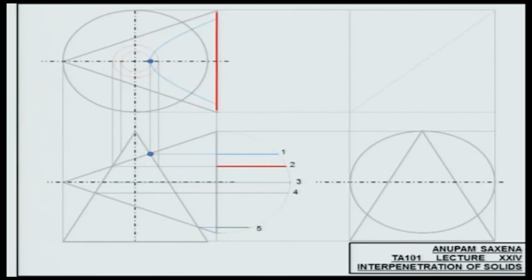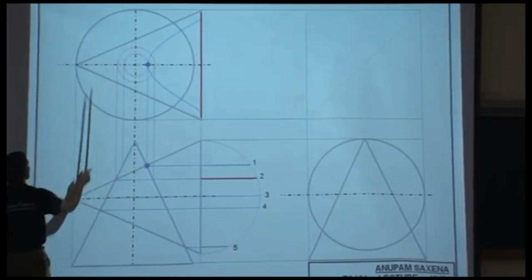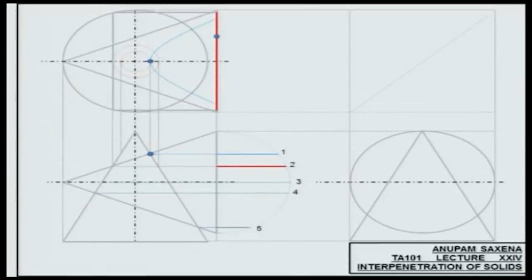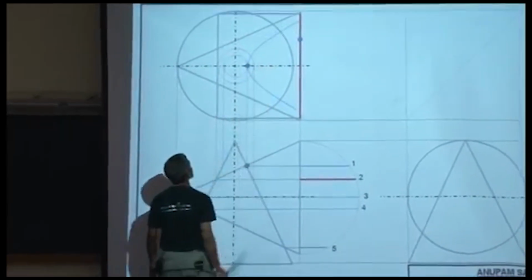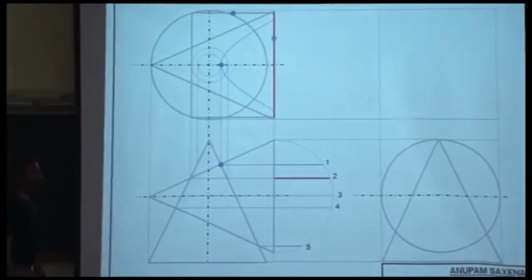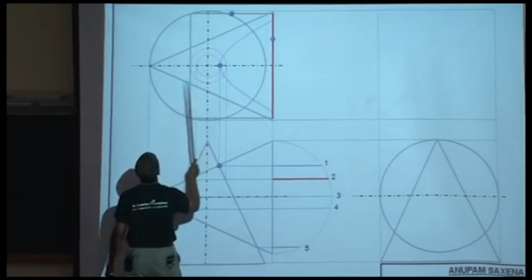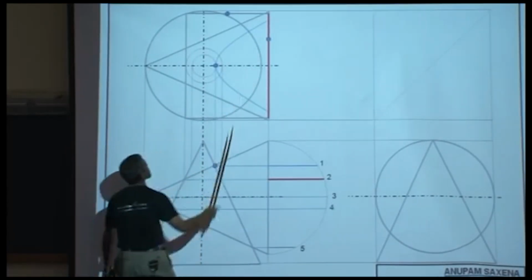Once I know that, and once I know that the apex or the vertex of the hyperbola is going to be lying over here, I can draw a box. Once I draw a box, I would divide this edge of the box into equal number of parts and this edge of the box into equal number of parts. Now from this point, I'm going to be joining all the points on this edge, and from this point, the apex of the cone, I'm going to be joining all these points. All right?